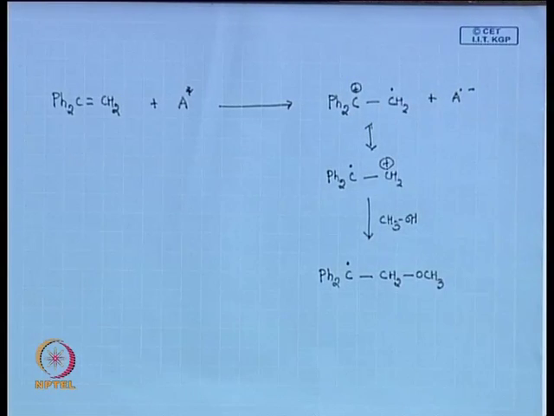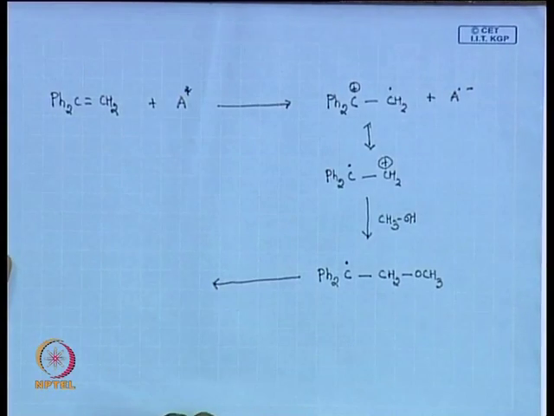Now tell me what will happen. Methanol can become OCH3. I just want to know whether you are thinking about the schematic representation. Now the acceptor will come again.